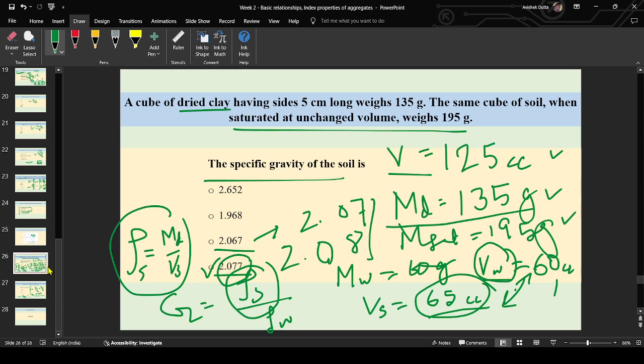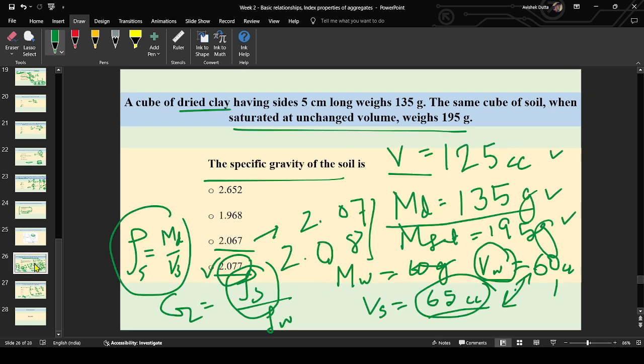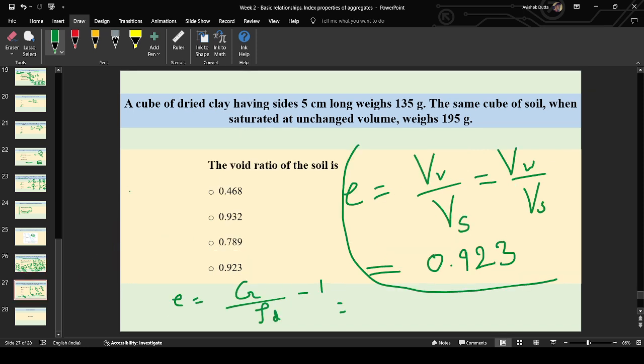Mass of dry soil by the total volume of the soil. What is the mass of dry soil? 135 by 125, sir. Mass of the solids by the total volume of the soil, yes, it is 135 by 125. So it is 1.08.